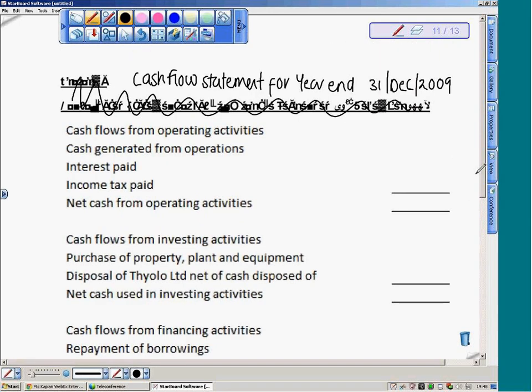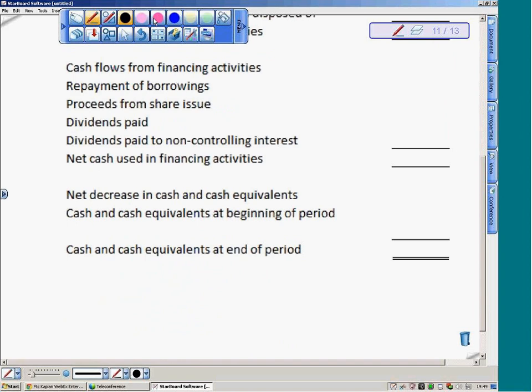So, what numbers can you fill into this pro forma without requiring much thought? Well, firstly, and what we always encourage students to do is plug in your cash equivalents number at the start and at the end of the year. Now, if you look at the group SFP, they do give us the cash and cash equivalents position, okay? So they give us the 148,500, and at the start of the year, it was the 172,500, okay?